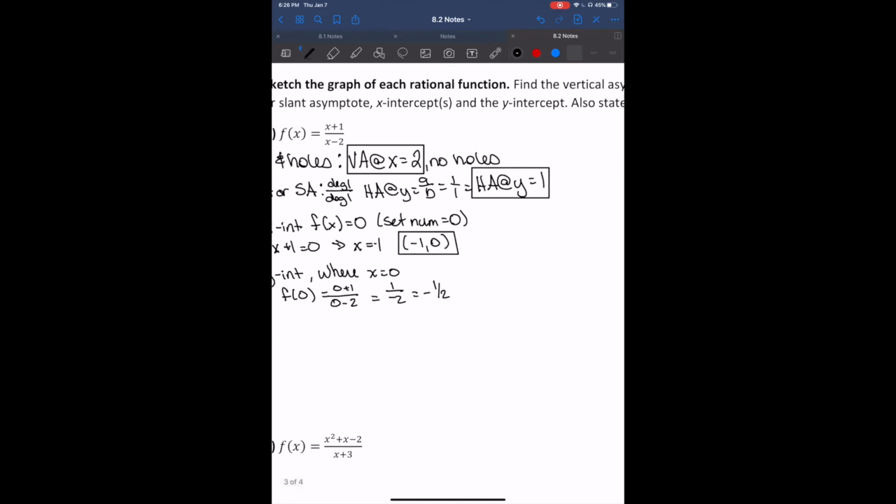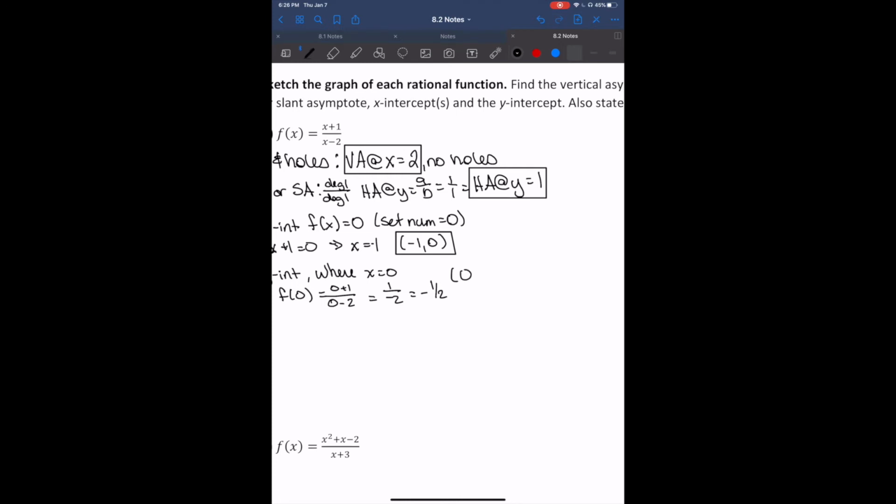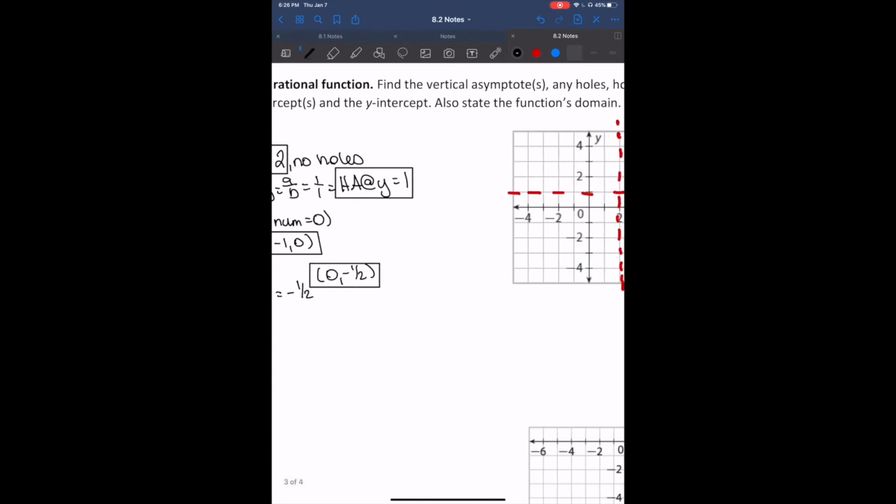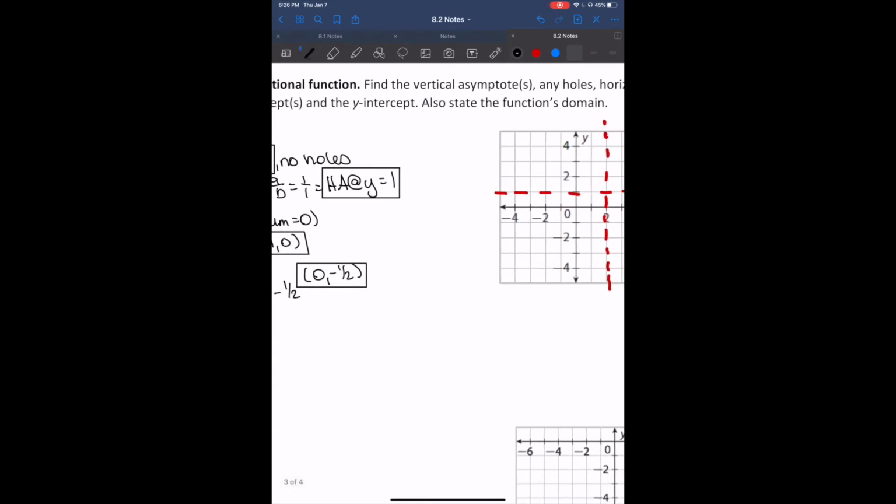We have a y-intercept at 0, negative 1/2. So let's go ahead and plot these 2 points. Okay, point at negative 1, 0, and a point at 0, negative 1/2.